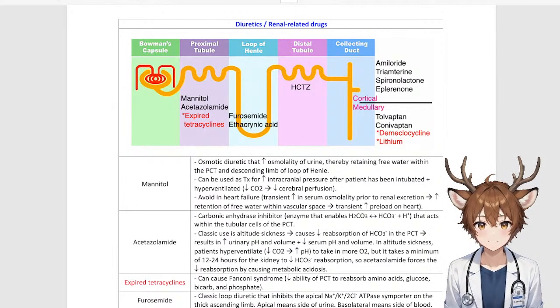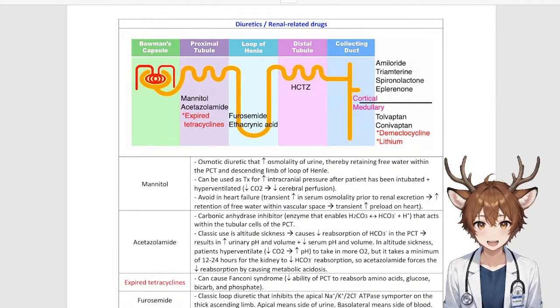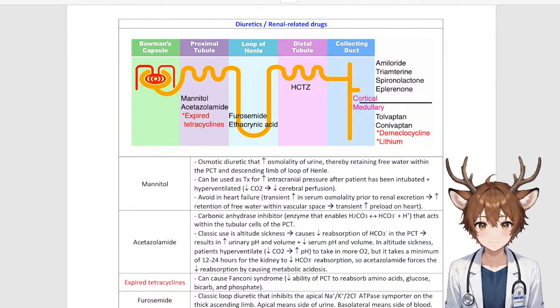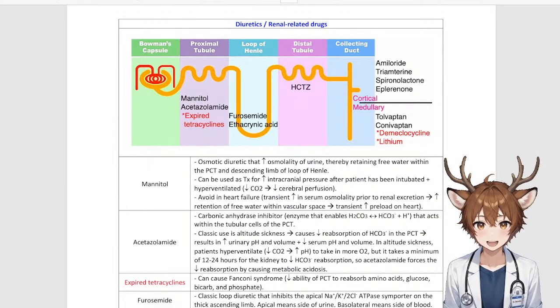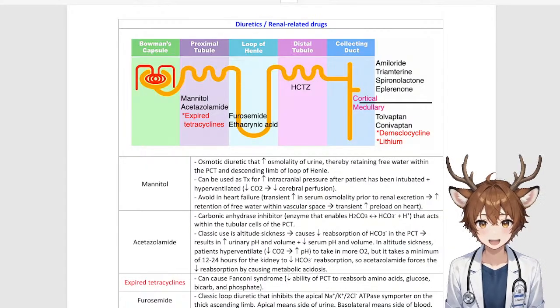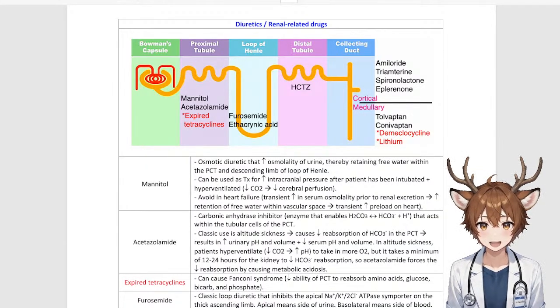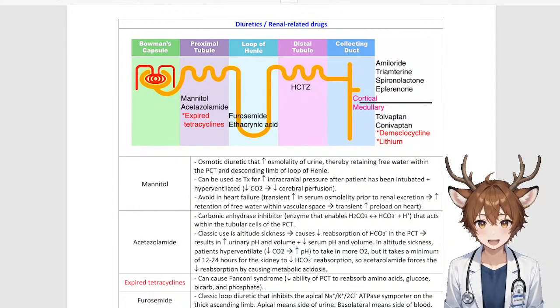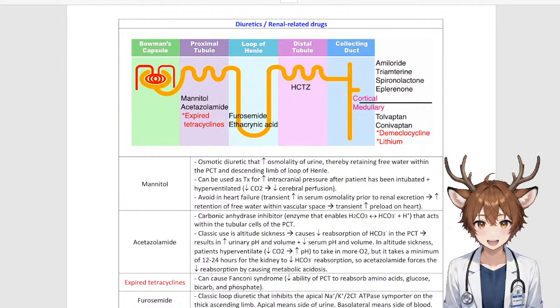Really what's going on is that, I'll explain as best I can. Your body has a way of trying to absorb bicarb from your urine by pumping out a hydrogen. It turns into carbonic acid, and then carbonic anhydrase breaks that down into carbon dioxide and water, which is then readily absorbed into the body, and then converted back via carbonic anhydrase into carbonic acid, which is then converted into a bicarb and a hydrogen ion.